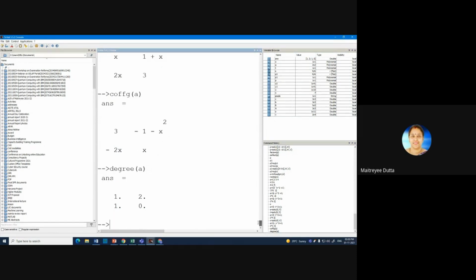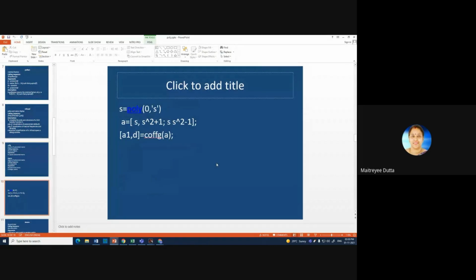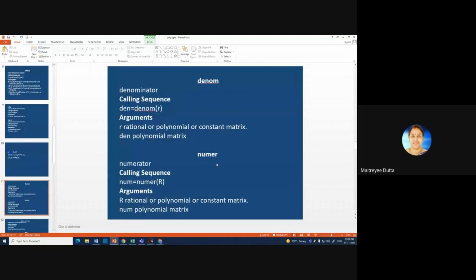So it gives the degree of each polynomial, and this gives the inverse of this matrix. So we have found out how to compute the inverse of a polynomial matrix.